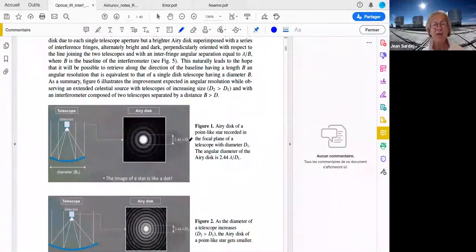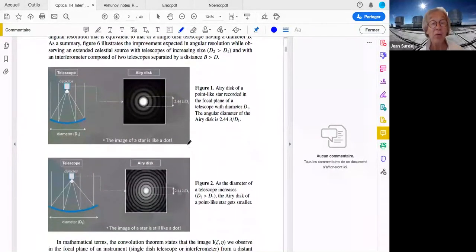So in radian, you know that 3.14 radians is equal to 180 degrees. In radian, this angular size is 2.44 times the wavelength divided by the diameter of your aperture.